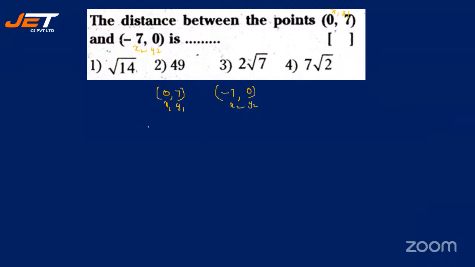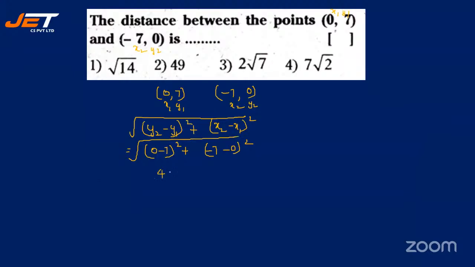So what is the distance formula? Square root of (y2 minus y1) the whole square plus (x2 minus x1) the whole square. So what is y2? (0 minus 7) the whole square plus (x2 minus x1) the whole square.